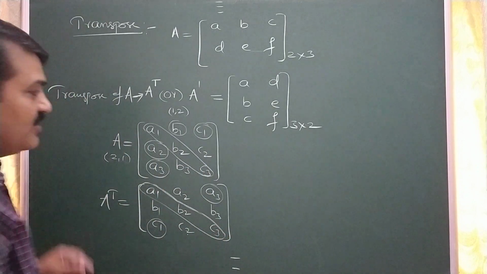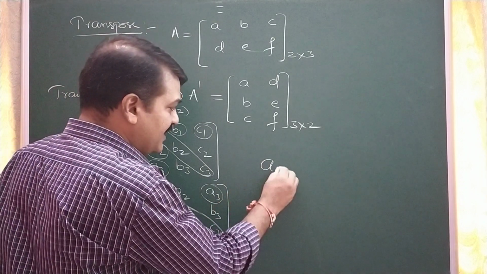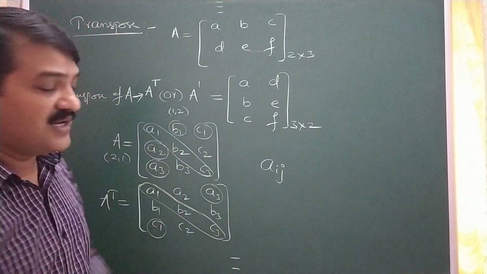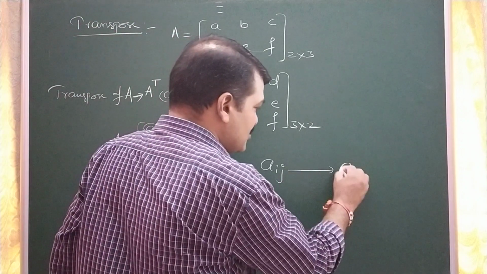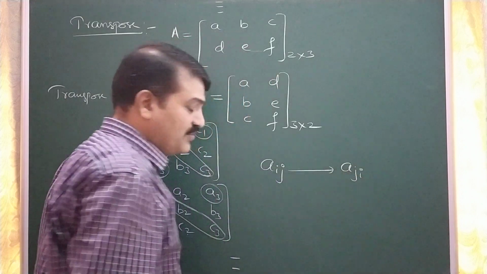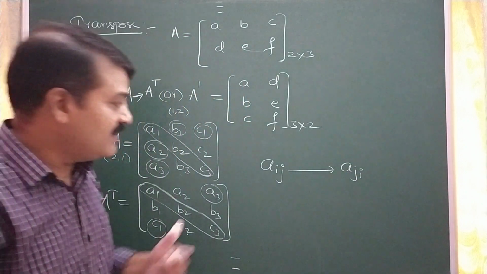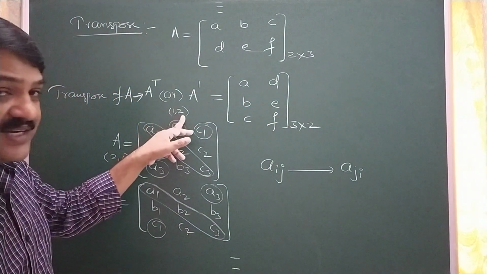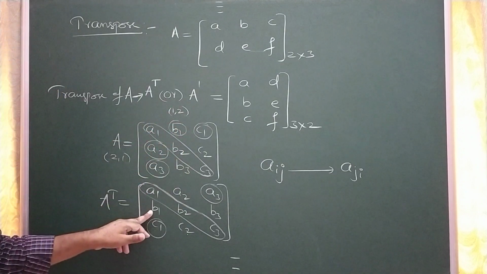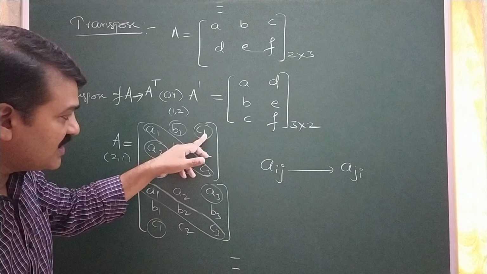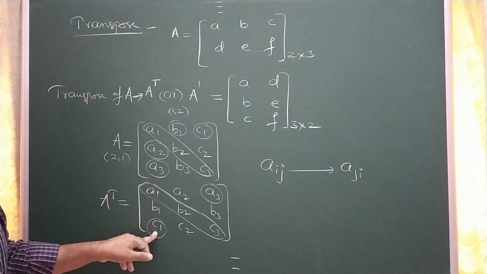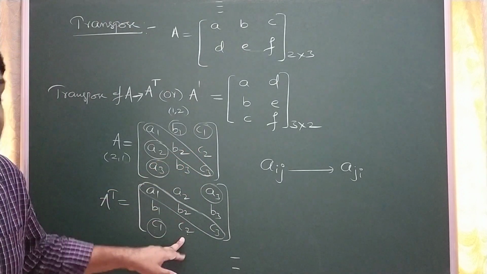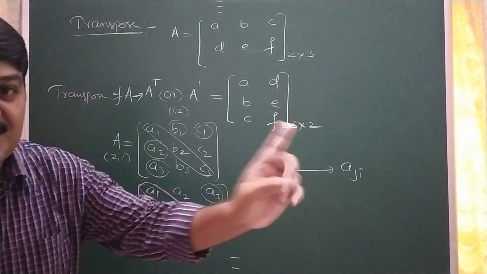So basically what we have to remember is, an element in ith row jth column will go to jth row ith column when transposing a matrix. An element in first row second column will go to second row first column. An element in first row third column will go to third row first column. An element in second row third column will go to third row second column. Like that, Aij goes to Aji.